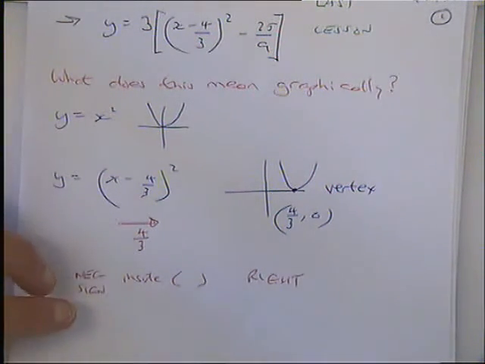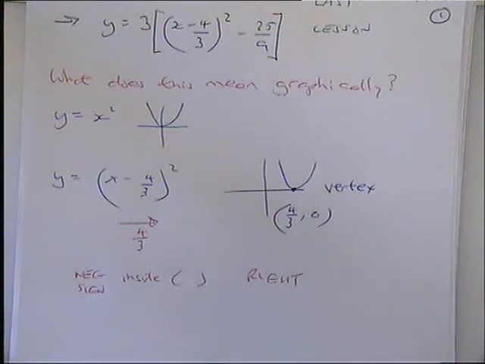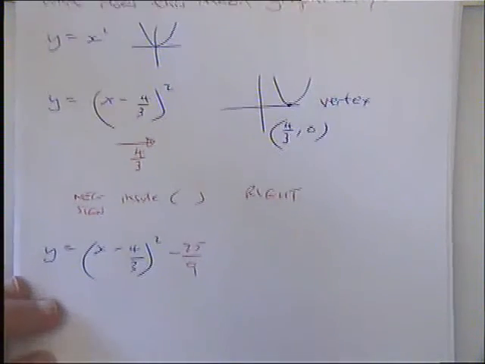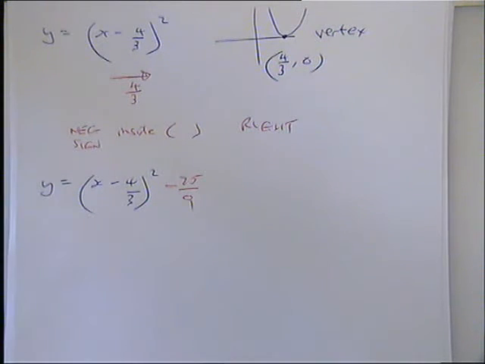Next thing that's happening is this minus 25/9. So I'm going to put down what we have just got, but what I'm interested in now is what this minus 25/9 on the end does. Okay, if I go off the board and you can't see it, just shout at me and let me know.